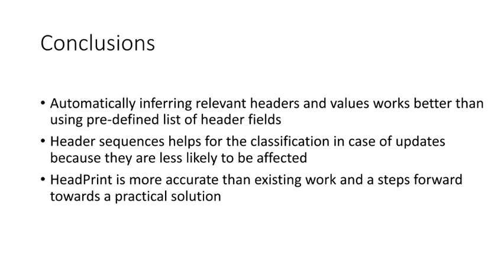In conclusion, we can say that inferring relevant headers from the traffic of each specific application works better than picking a few features a priori, independently from how the application uses the protocol. That's shown by the differences in performance between Decanter and HeadPrint.